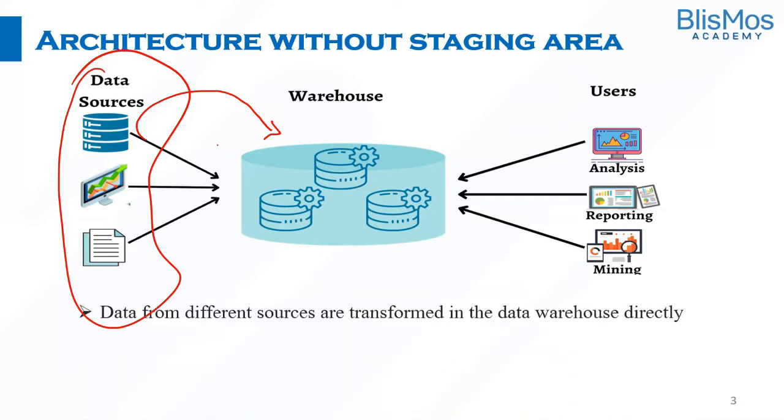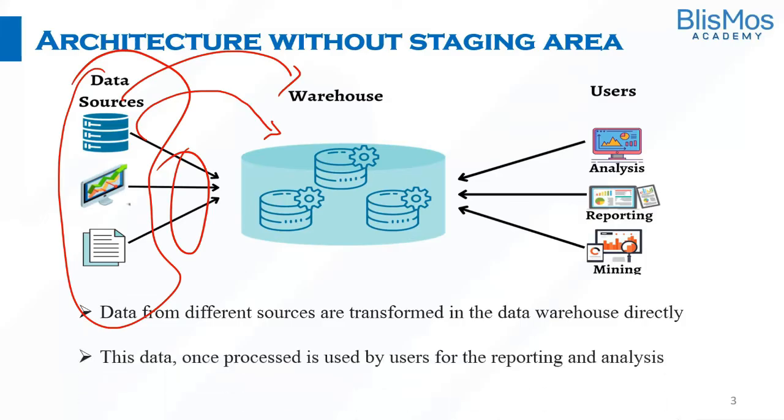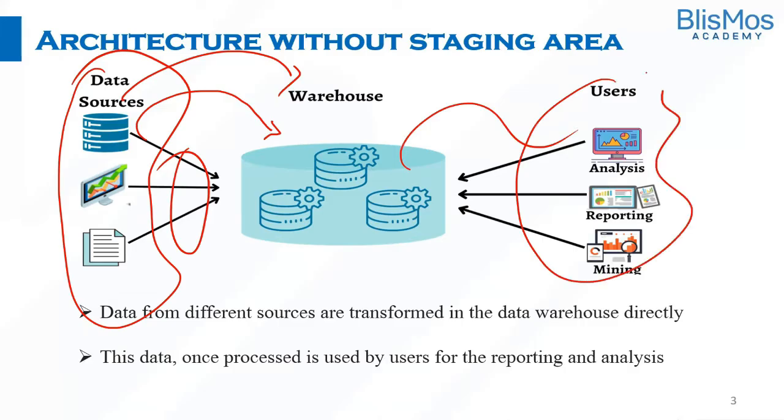It may happen where no or very minimal transformations are involved between data sources and warehouse. From sources, the data is directly loaded into the warehouse with or without transformation, and then the data from the data warehouse is used by the users for their analysis and reporting.